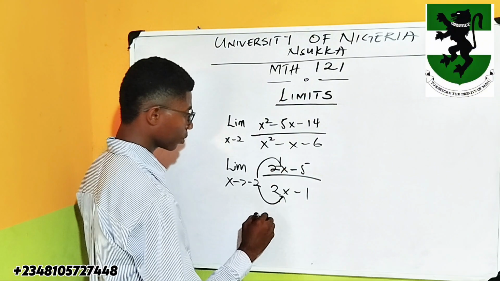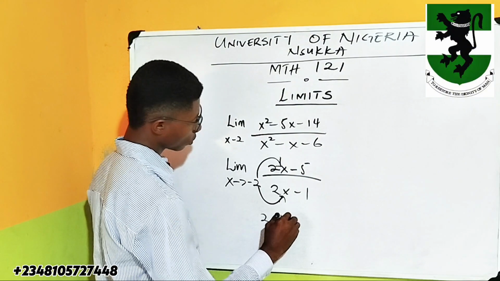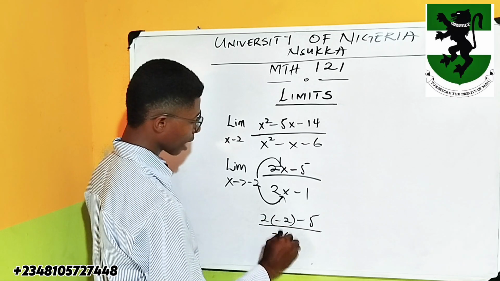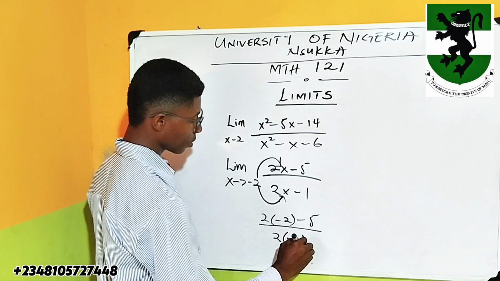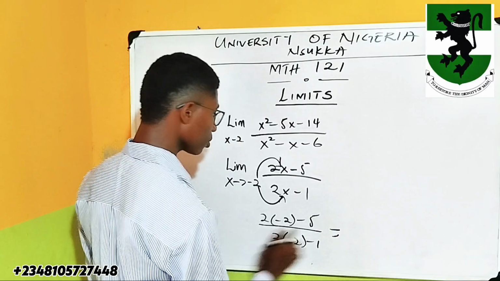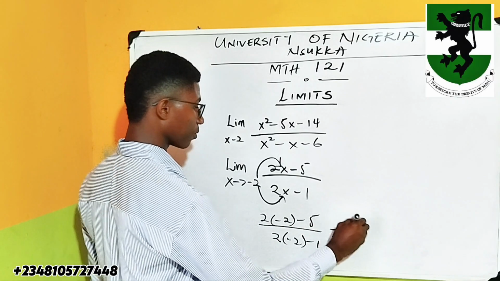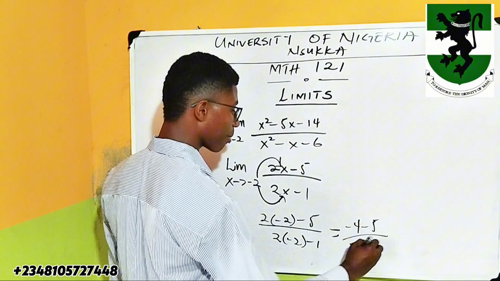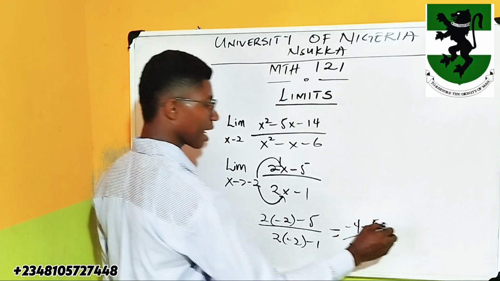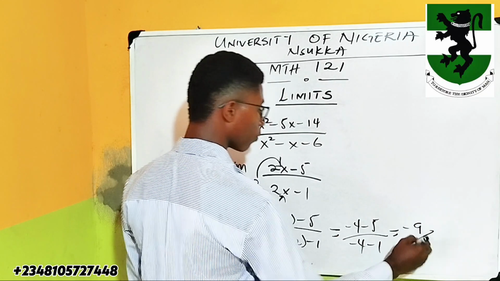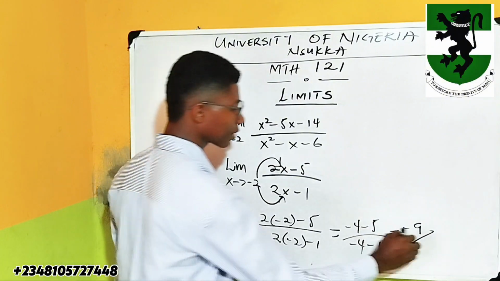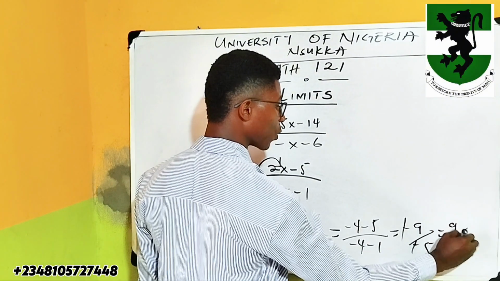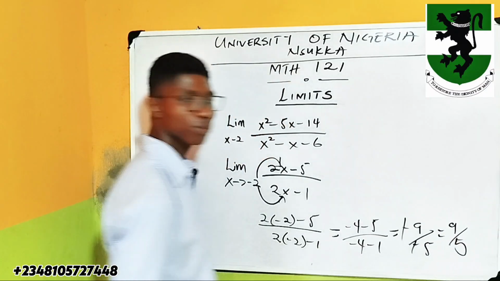So we have 2 times minus 2 is minus 4, minus 5 is minus 9, all over 2 times minus 2 is minus 4, minus 1 is minus 5. The minus will cancel the minus, and hence our answer is 9 over 5.